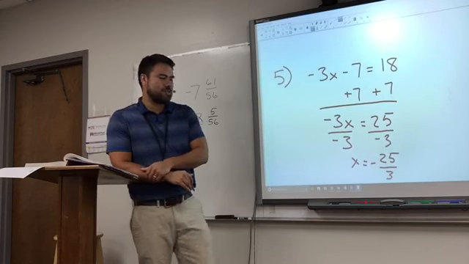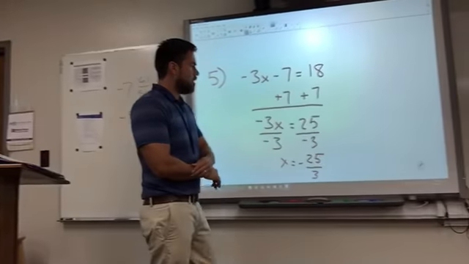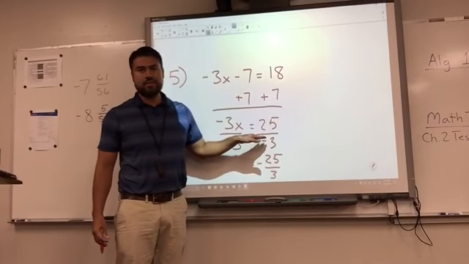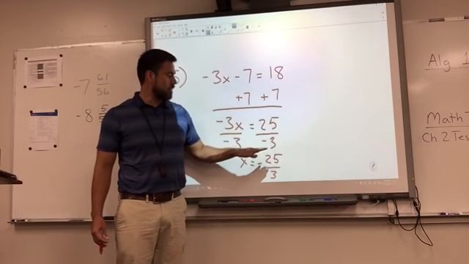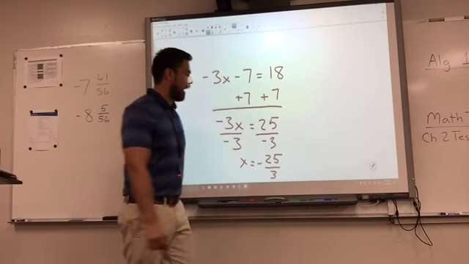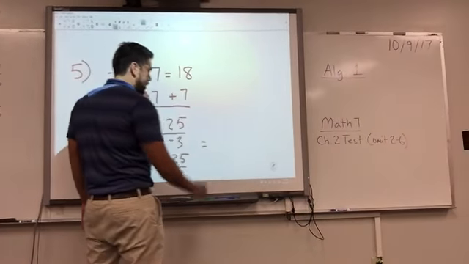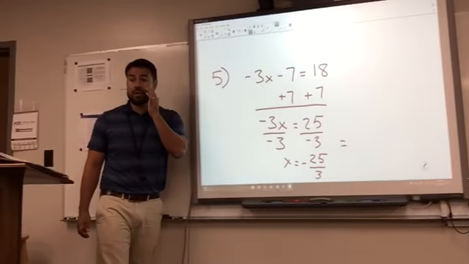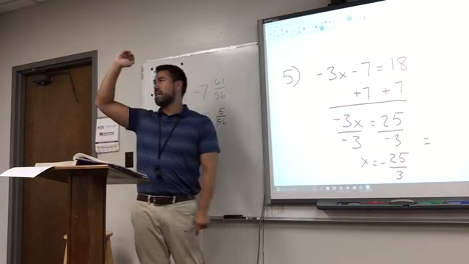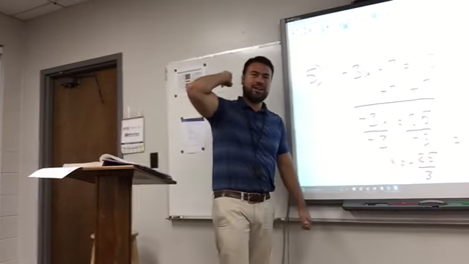Because it looks different to me. Ready, guys? What's a positive divided by a negative? Negative. What's a negative divided by a positive? Negative. And is there one other way to write this fraction and still be correct? So I had the negative sign in the denominator, or the negative sign in the numerator, or, Nate?